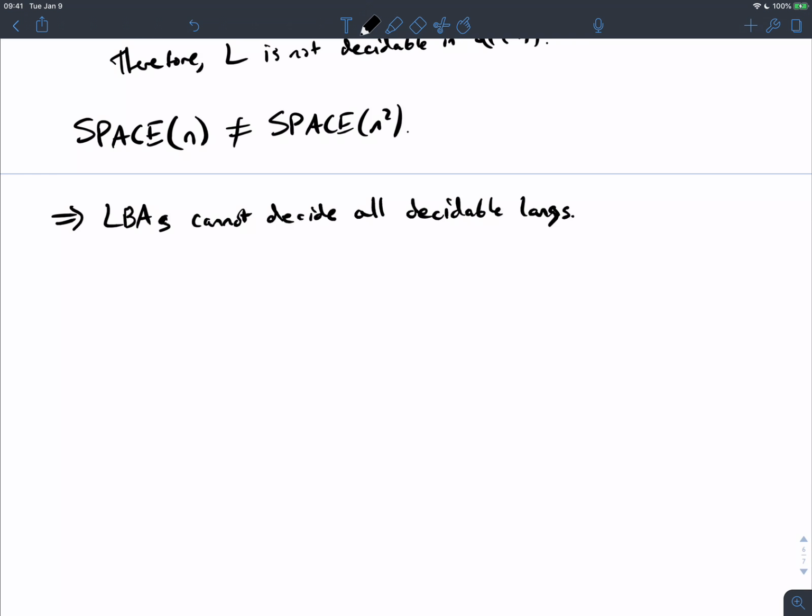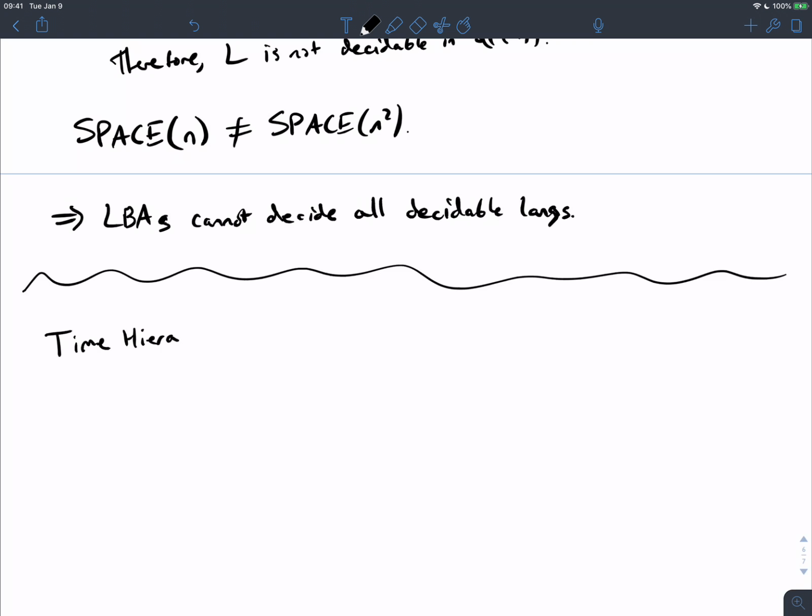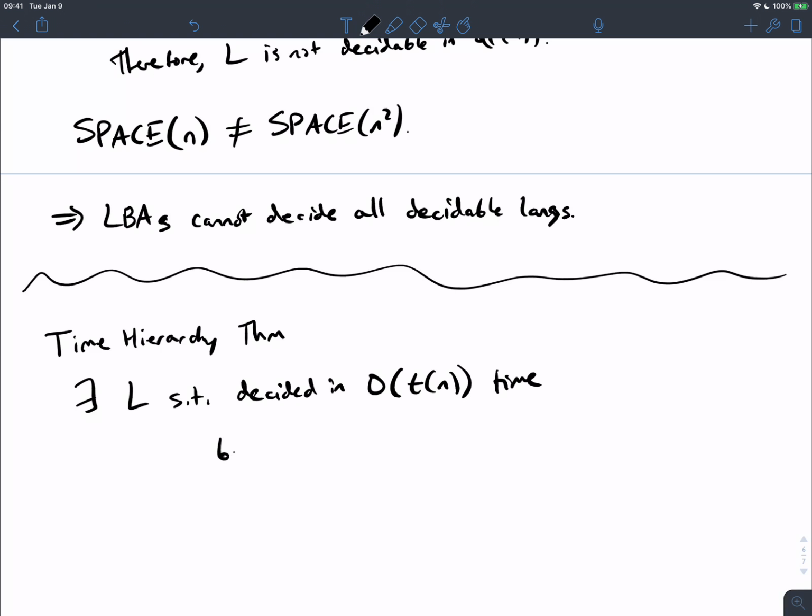So I'm not going to do it because it's awful, but there's a corresponding time hierarchy theorem. I won't test you on it, which says almost the same thing, which is that there exists a language L decided in O of, let's say, T of n time, but not, so big O in that case, but not in little o.